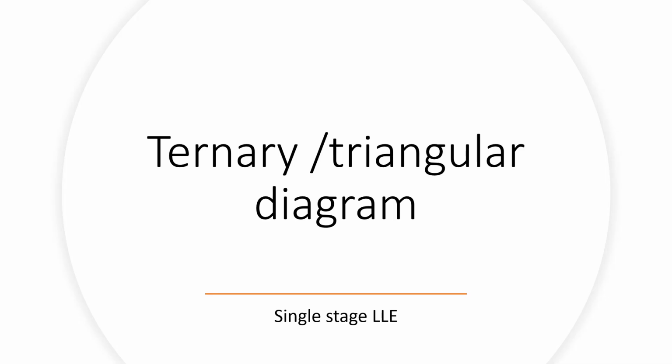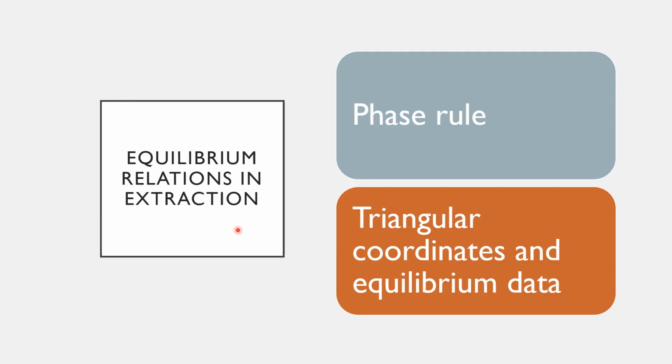In the next few slides, we will look at a few types of ternary or triangular diagram typically used to represent phase diagrams. Equilibrium relations in extraction: when we talk about equilibrium relations in extraction, you should understand the phase rule, triangular coordinates and equilibrium data.